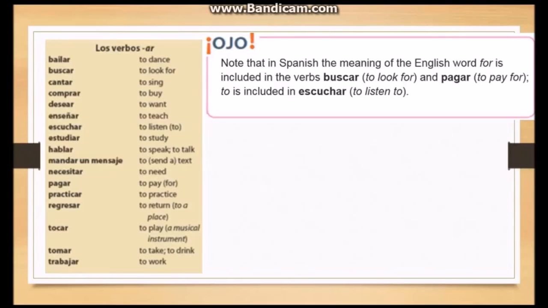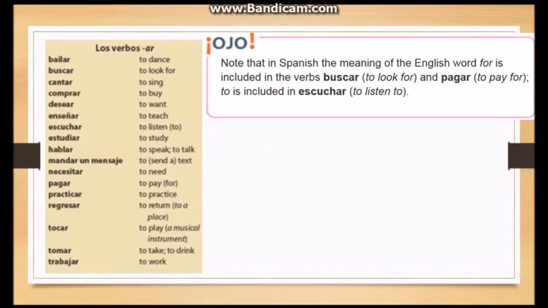Mandar means to send. So if we want to say to send a text, we need the whole phrase: mandar un mensaje. Tocar means to play, but only to play a musical instrument, not to play a game.